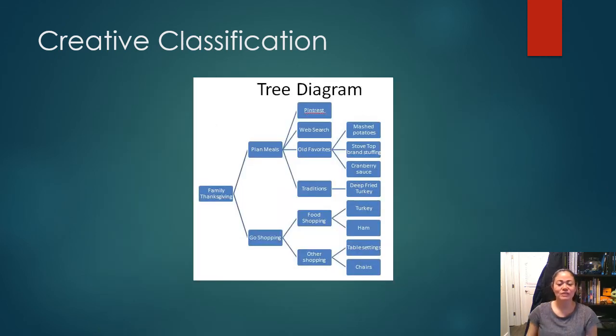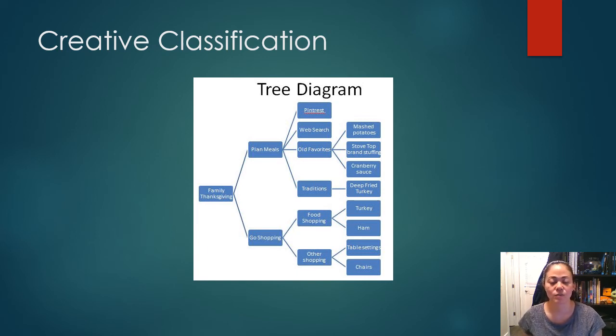This one I thought was really interesting because it's not classifying things, it's actually classifying activities, kind of. I imagine this was made by somebody who was planning a family Thanksgiving, thinking about what they need to do to get ready. So they thought, oh, there are 2 different categories of activities: planning meals versus shopping.